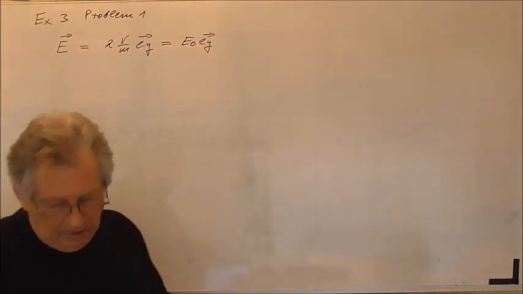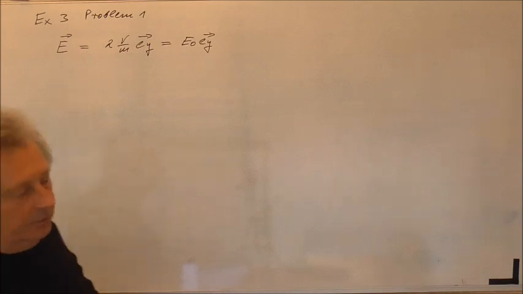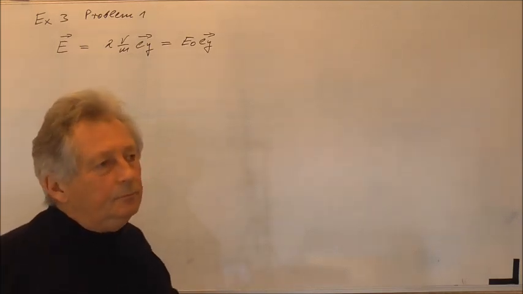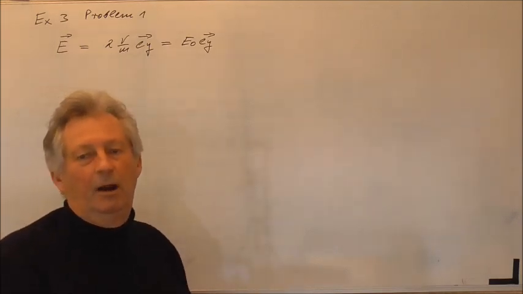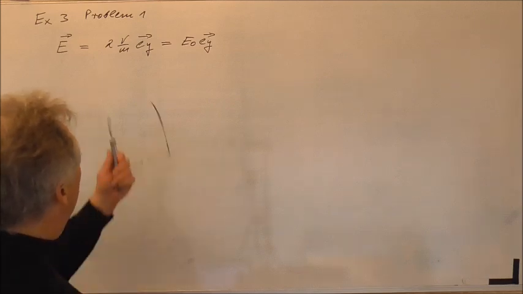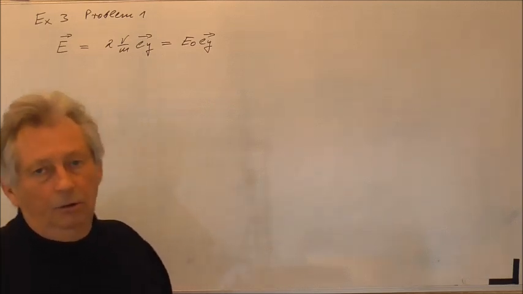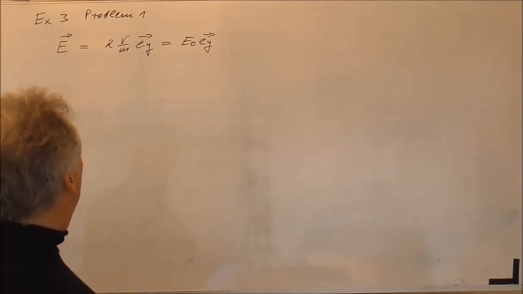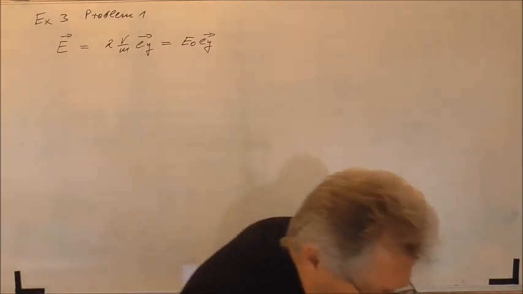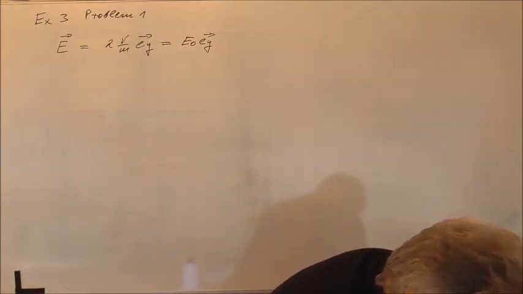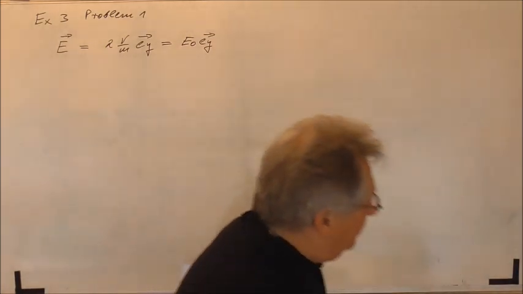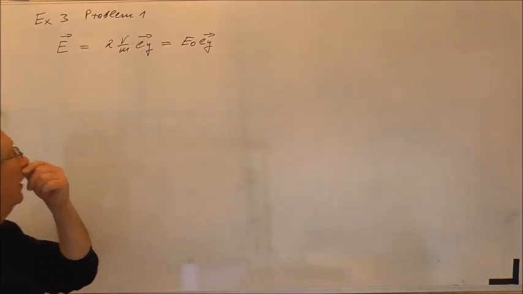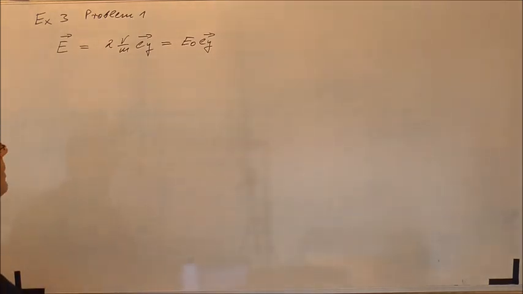In the lecture we assumed that the plane wave is polarized in the x direction, and here I now assume that it's polarized in the y direction. And it's propagating in the positive z direction.